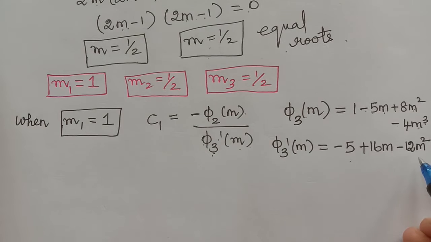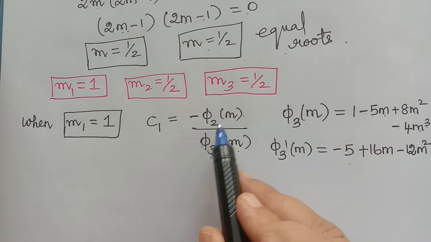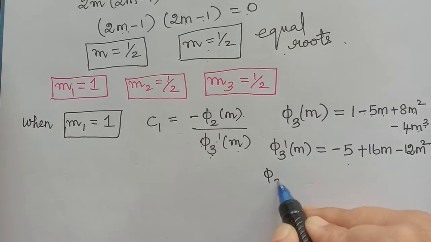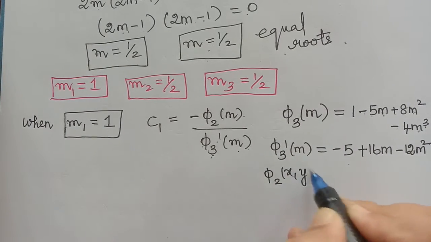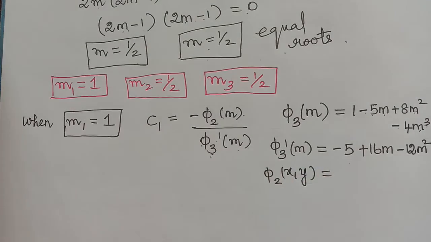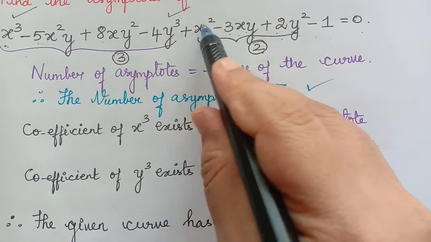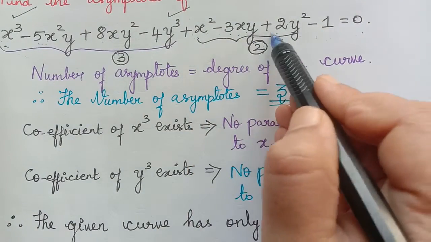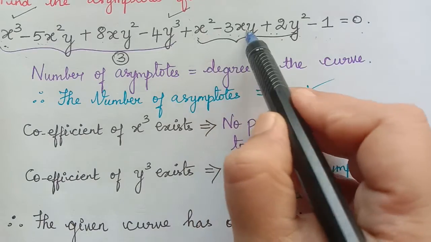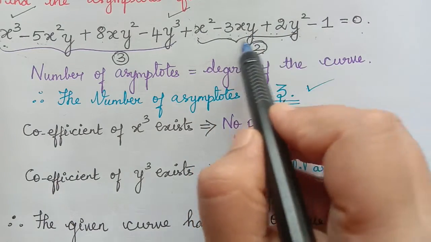Next, from the given equation, we have to find phi 2 of m, for which first we should write phi 2 of x comma y, which is all those terms with degree 2. So what are the terms with power 2? Already I showed you here. X square minus 3xy plus 2y square. All these three terms have power 2. So this is phi 2 of x comma y.